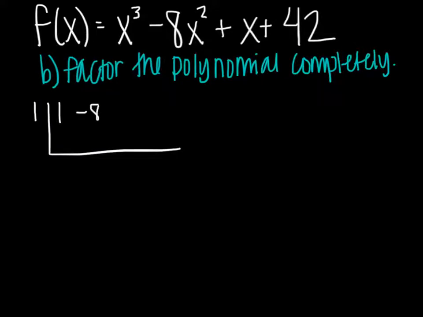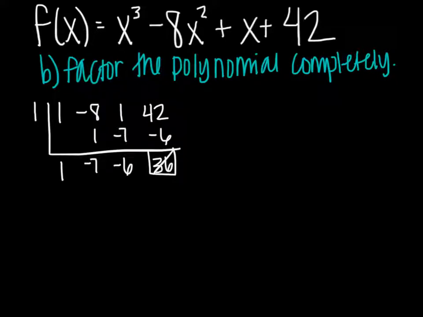So 1, negative 8, 1, and positive 42. I'm going to bring down that 1, multiply 1 times 1 is 1, that's negative 7. 1 minus 7 is negative 6. 42 minus 6 is not 0. So that is not a factor.